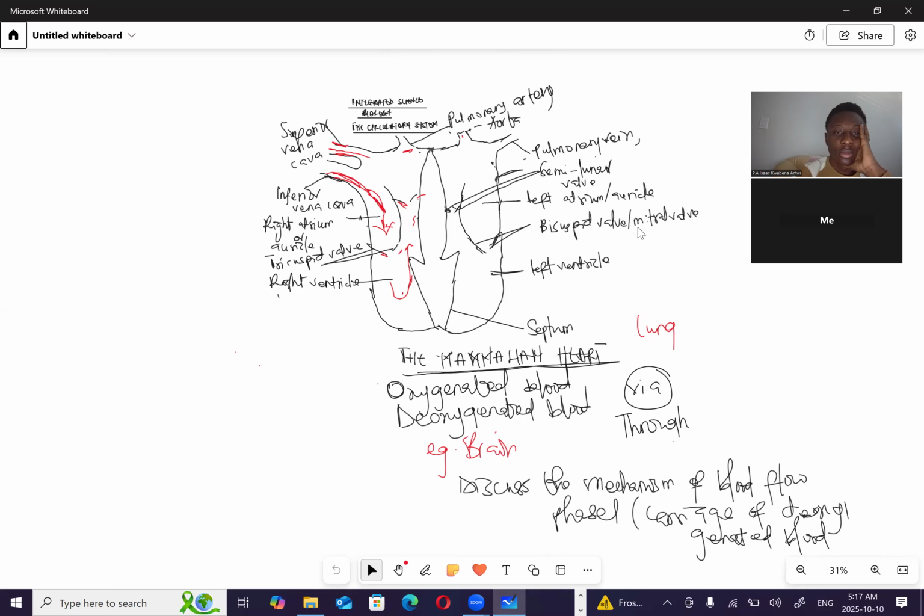In the lungs, the blood gets oxygen and gives off carbon dioxide. The oxygenated blood returns from the lungs to the left atrium through the pulmonary veins.